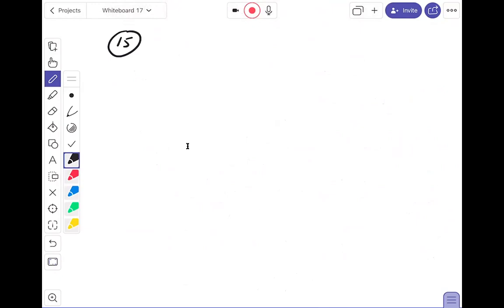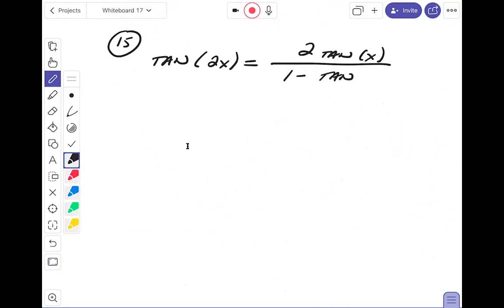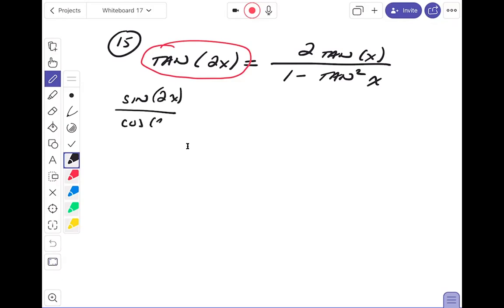And I want to verify the identity. I can't say one side's better than the other, but for the sake of argument, I'm going to pick this side over here. All right, if it doesn't work out, I'll just jump ship. So what's going to be sine of 2x over cosine of 2x.